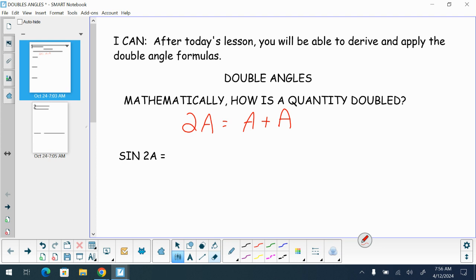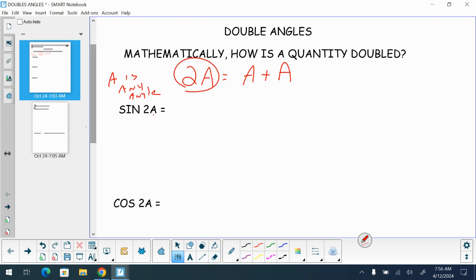Well, what we're going to talk about today is the double angle. The double angle. The 2A. When I have 2A here, A is any angle. And if I have 2A there, I have the sine of a double angle.